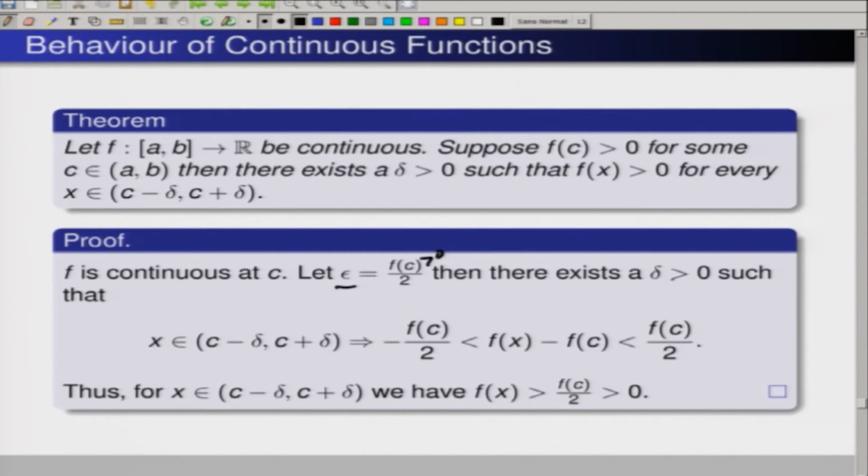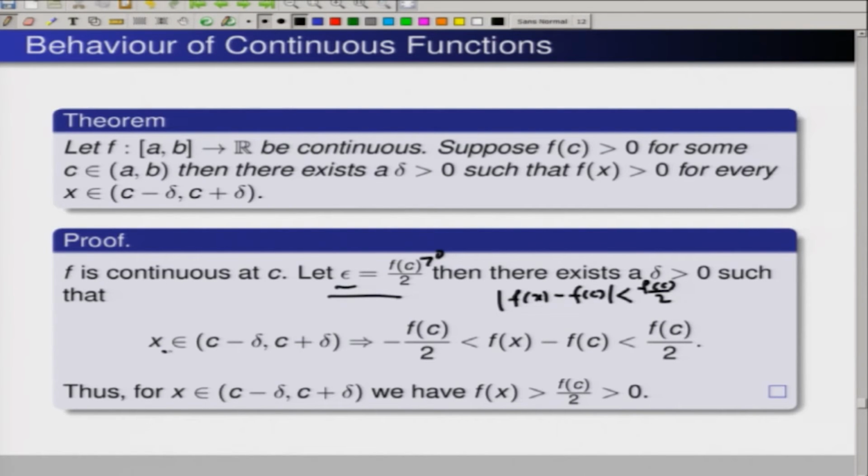Therefore, there exists a delta for this epsilon such that whenever x lies between c minus delta and c plus delta, the modulus of f(x) minus f(c) is less than epsilon, that is f(c)/2. In other words, I can write that minus f(c)/2 is less than f(x) minus f(c), which is less than f(c)/2.